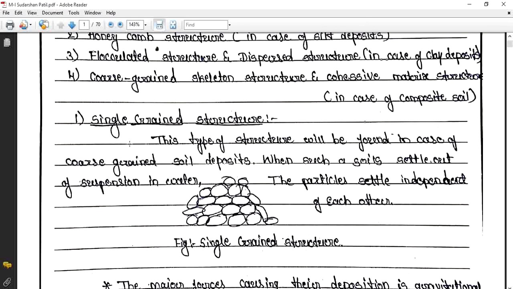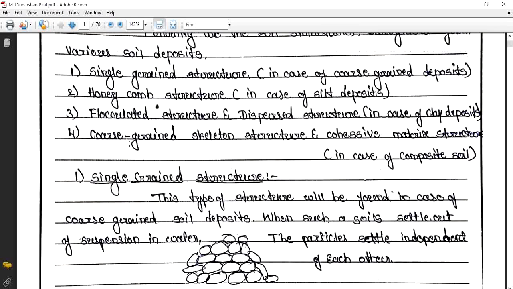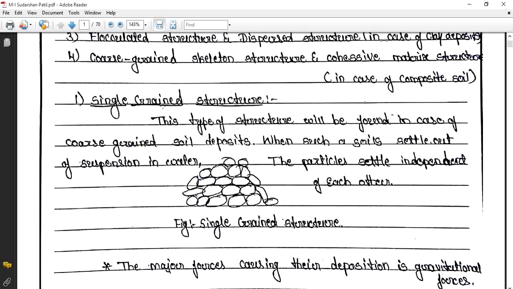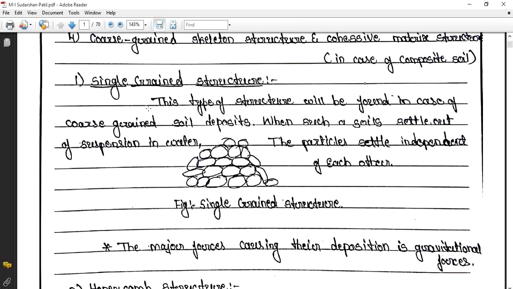So let us study one by one. The points I am going to cover are the properties of that particular soil structure, for example, the properties of single grained and honeycomb soil structure, and again how these structures are formed. We are going to study that today.